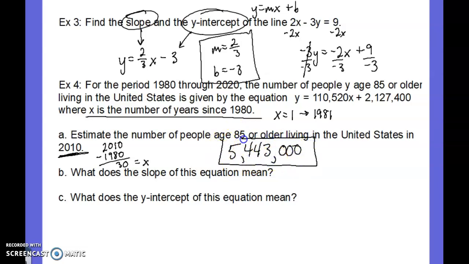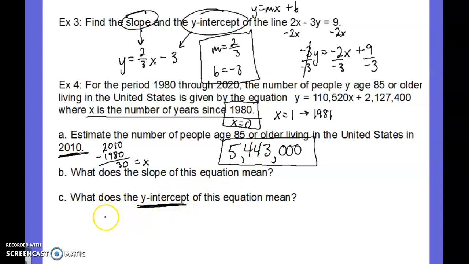Age 85 or older. So what does this actually mean? I kind of explained the y-intercept already. Because the way the directions are set up, 1980 is year zero. So it makes sense that 1980 is the starting point, or the y-intercept.